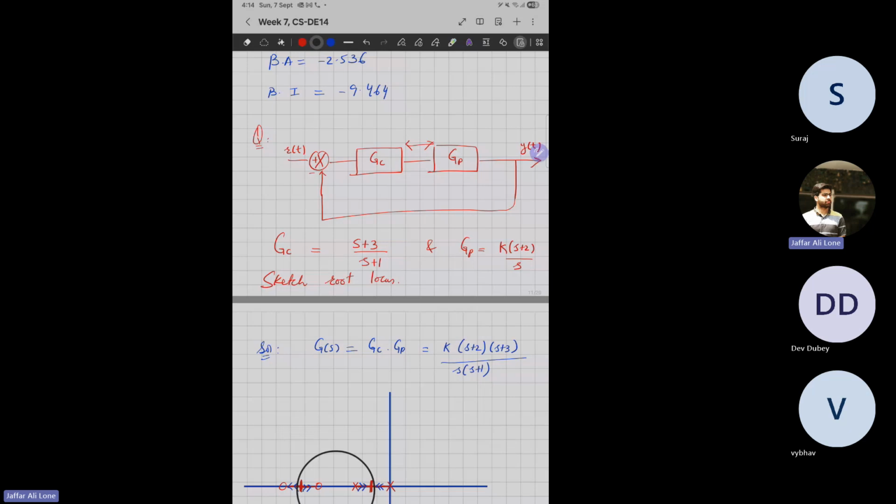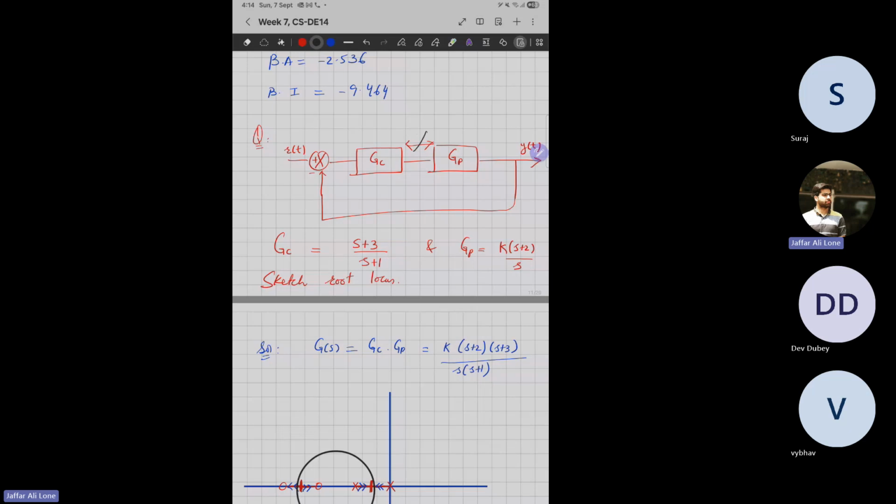And then the other question will be, find the center. If it is a circle, then find the center and radius of the circle directly. In order to answer that question, you will require break-in and breakaway points. So eventually, you'll have to sketch the whole root locus.